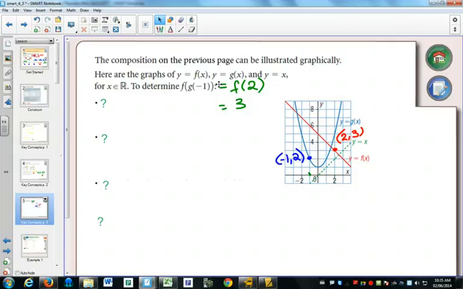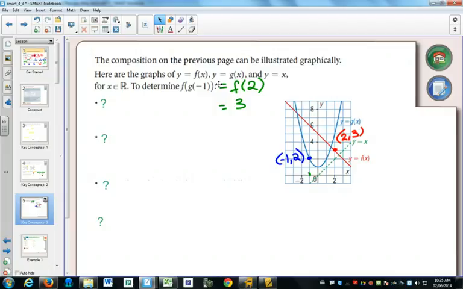Look at the inside, figure out that value, find out what it is, and then write it out. g of -1 is 2, so I now have f of 2. And then look at your graph again. Now you're looking at your function f and say, when x is 2, what's y? And when I plug in 2, I look at my red graph and I have 2, 3. So then I get 3.